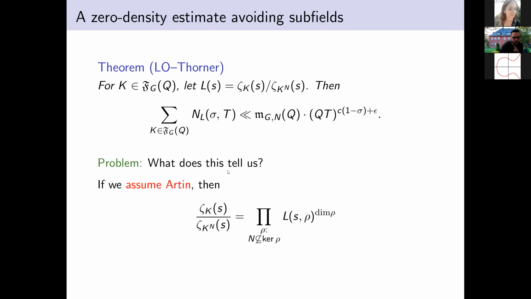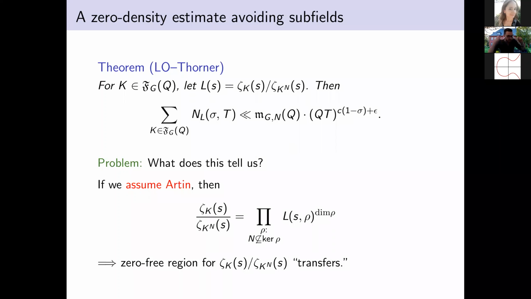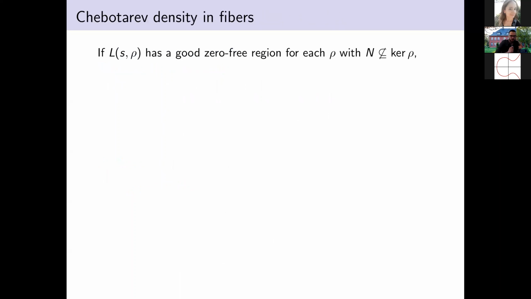It turns out you can factor this quotient in terms of Artin L functions whose kernel does not contain this normal subgroup N. And if you again assume the Artin conjecture, then a zero free region here transfers to a zero free region for each of these Artin L functions. And then suppose I've got this good zero free region. What does that actually tell me about arithmetic?